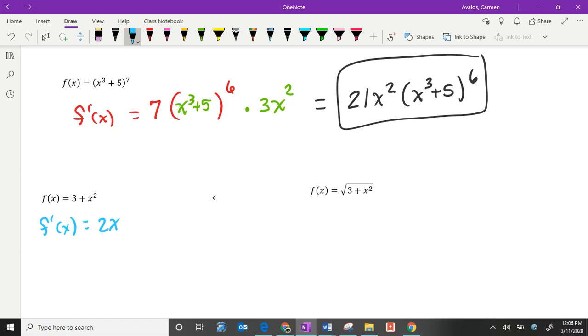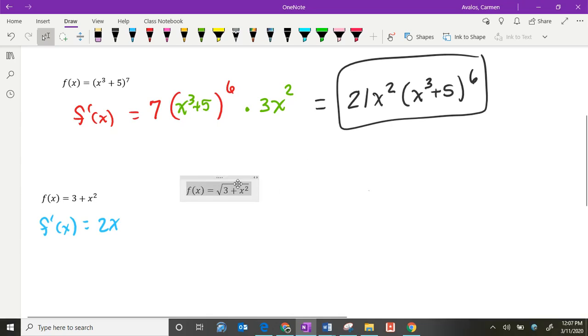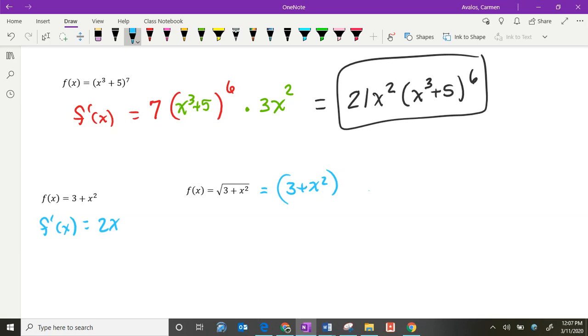So we are going to change it to 3 plus x squared. And then I'm just going to do a different color on that. And we're going to say to the 1/2. So the red is the outside function. This is the inside function.